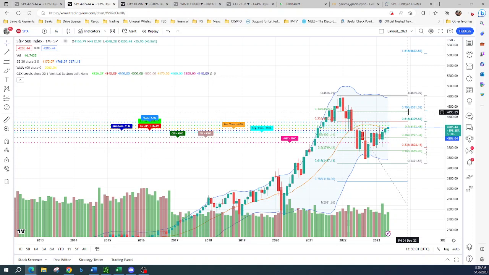Now, so far I'm not looking for those regions, because the structures show us 4,235 maximum, with a gamma wall at 4,230. The market is still in an uptrend, yes. The monthly graph shows us a hammer, a candle that needs confirmation. It's difficult to predict the future when we don't have a bullish or bearish candle.